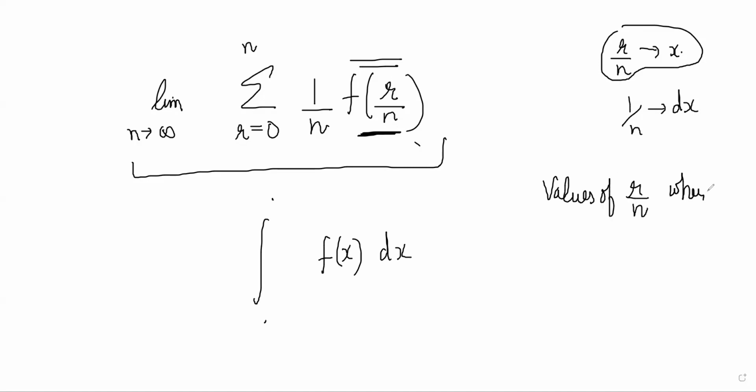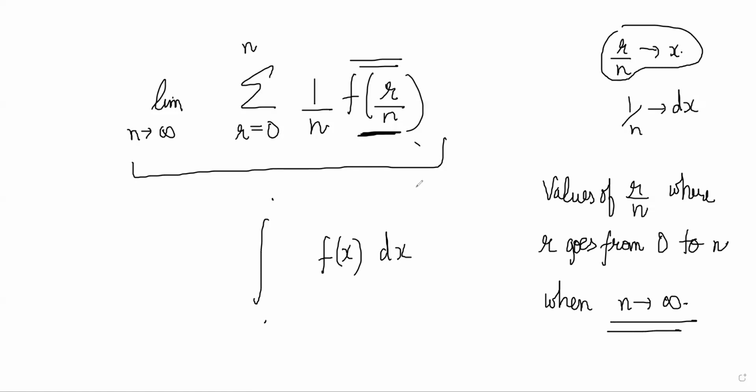Here r goes from 0 to n when n tends to infinity. So if r goes from 0 to n, r by n is going from 0 by n to n by n. You also have to take n tends to infinity here. So it will be 0 to 1 as n tends to infinity.